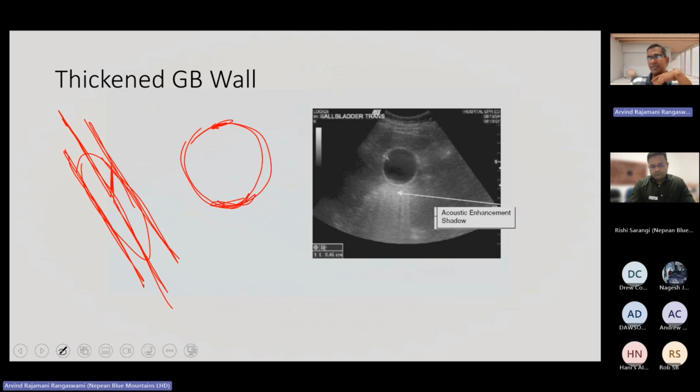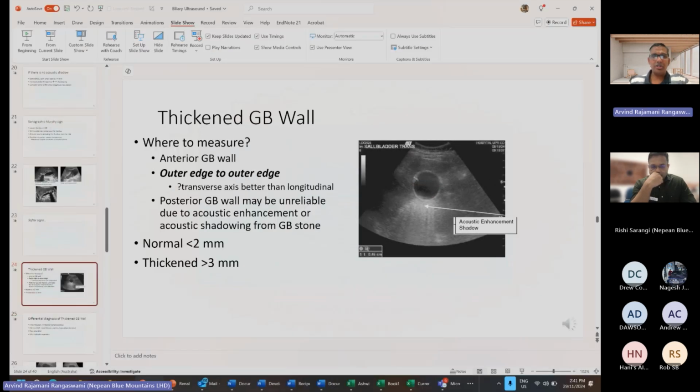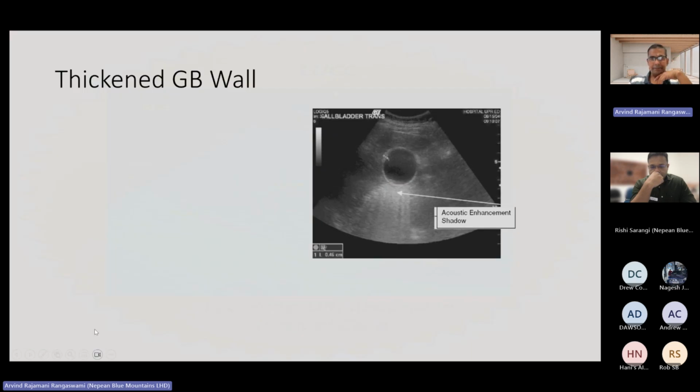The reason for that is that when ultrasound passes through an anechoic space, you will have a posterior acoustic enhancement artifact, and therefore the posterior wall will always appear to be thicker than the anterior wall because of the additional enhancement artifact. Therefore, to avoid this, you do not measure it posteriorly.